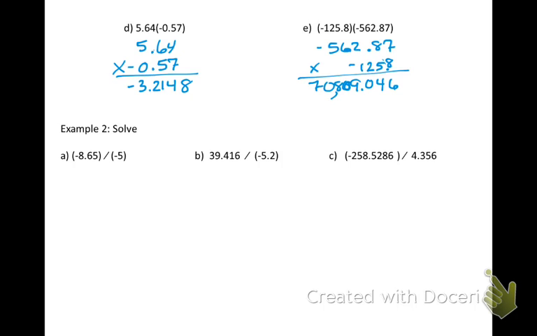Alright, example 2. Now, this is a fraction or a division sign. That division sign is the same thing as a fraction. So it's saying 8.65 divided by negative 5. So you're going to write it out the long division way.